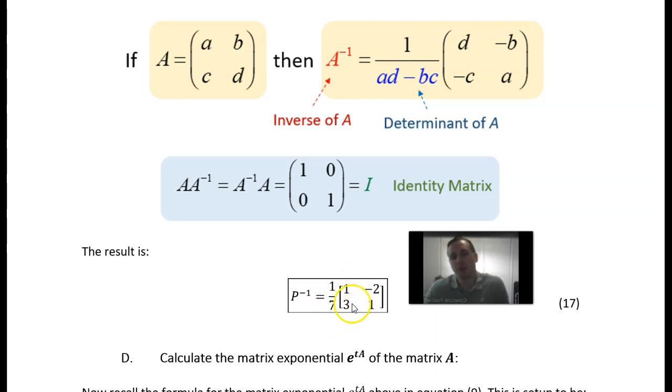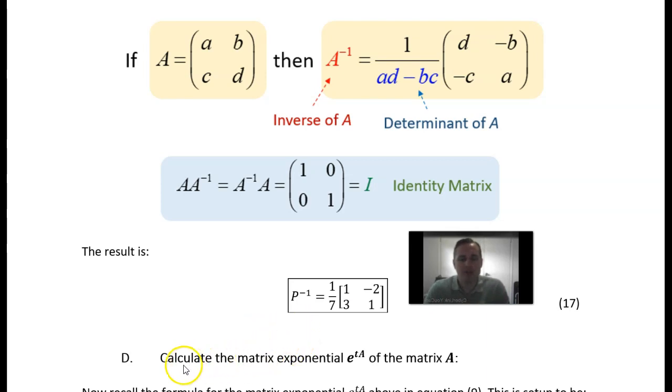Now, you could multiply the 1 over 7 in to each of these entries, but as we'll see, it's going to be more convenient to leave our coefficients out front. That's a good problem-solving strategy, to leave things out front early on and let them collapse later. That way there's sort of a memory of where things came from.